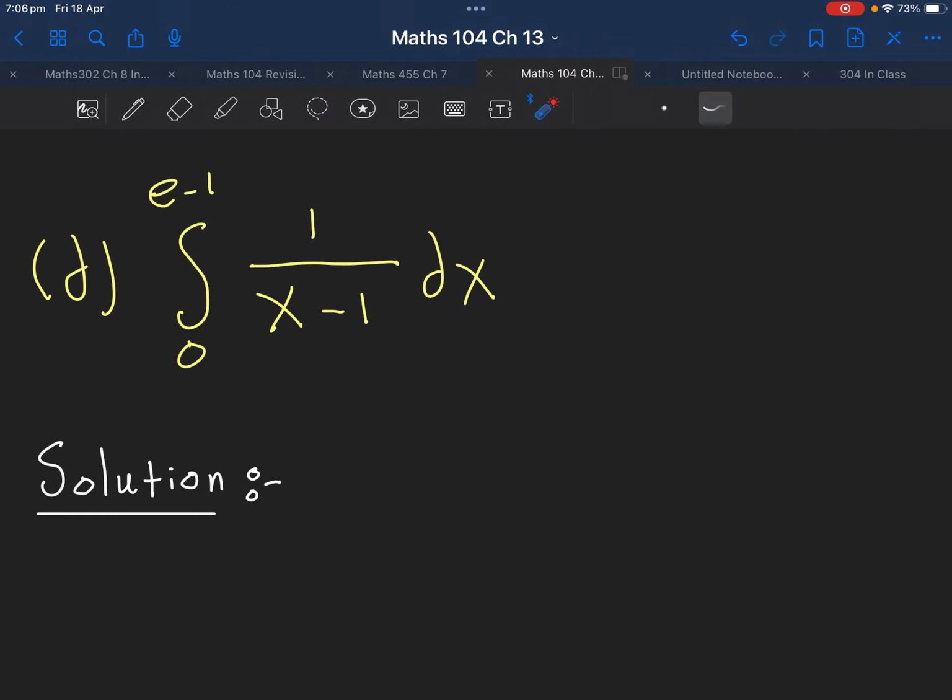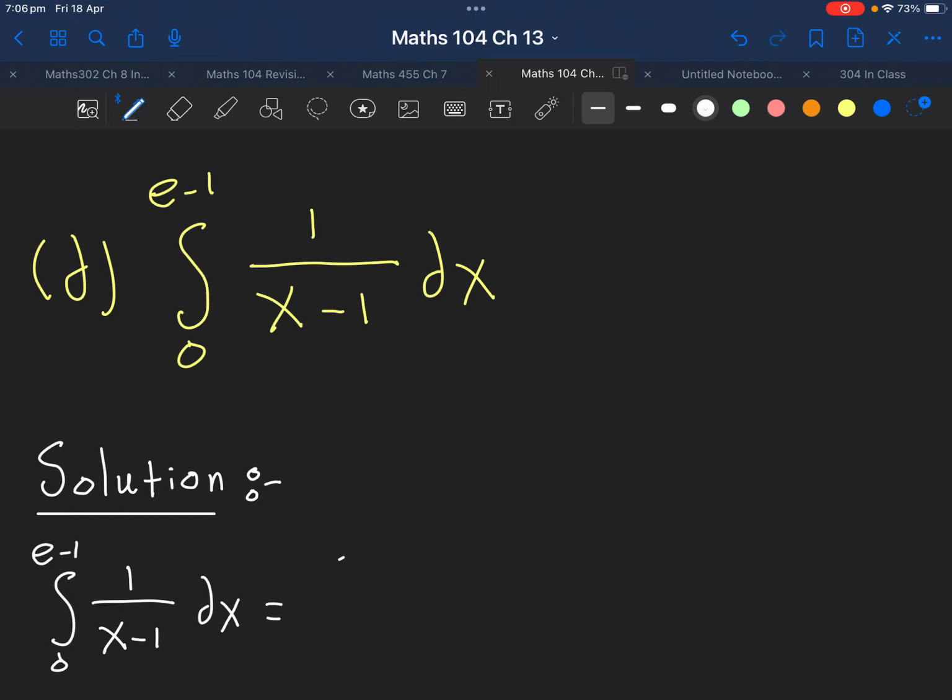Let's go to question part D, which again is something we have seen before. 1 over x minus 1. Now, one of the things that we have seen before was if we have a denominator and the derivative is here.